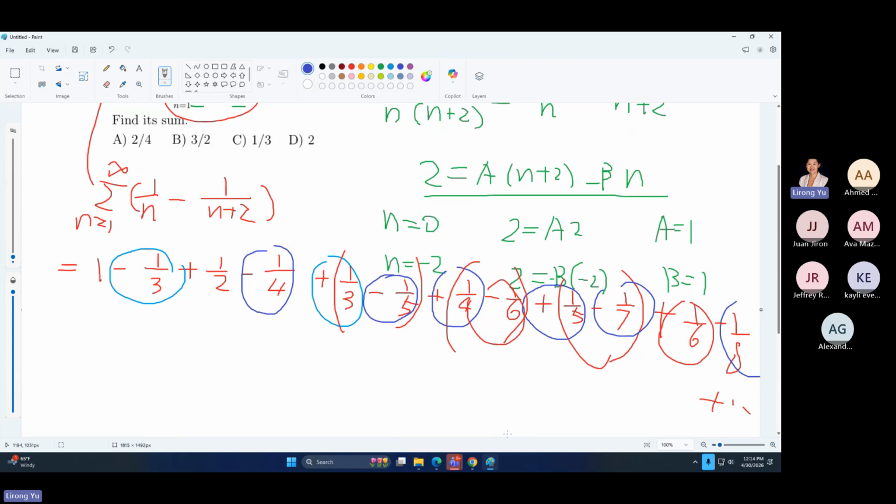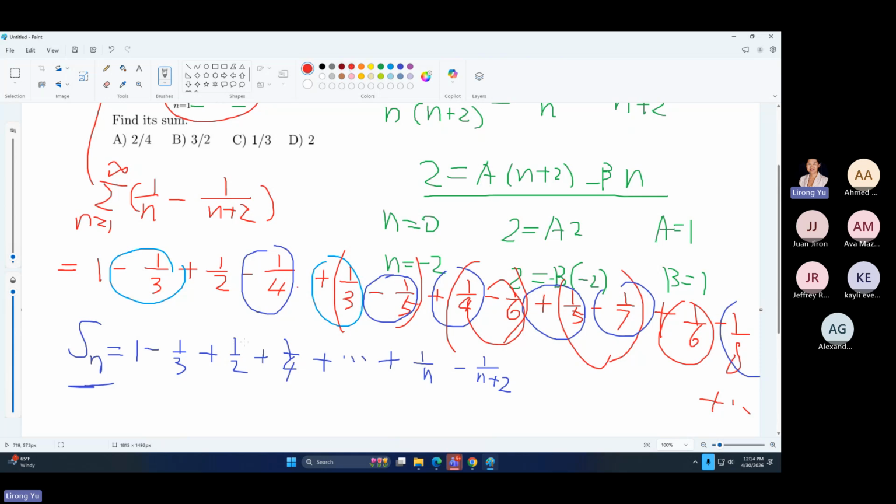The better approach is to write the partial sum, but I didn't wait for that. Following our method, S sub n equals 1 minus 1/3 plus 1/2 minus 1/4, and then plus dots, and then plus 1/n minus 1/(n+2). That's what we mean by S sub n.